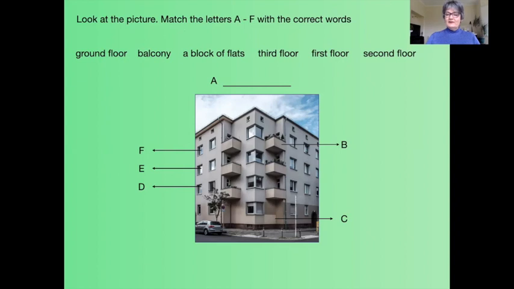Okay, so pause the video and in your notebook, write down A, B, C, all the way to F. Then look at the picture and write next to it the correct words. I'm going to go over them now. If you need more time, just pause the video and then start when you're ready.